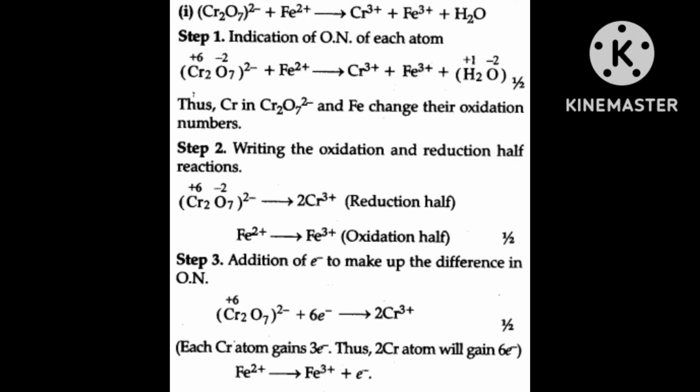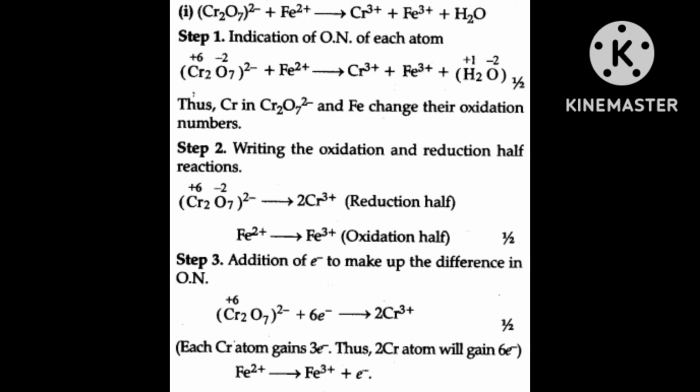Oxidation process you have written, reduction process you have written. Now you have to add. Simply oxidation process and reduction process you have to add. Okay. Then now you have to cancel the electrons. Now you will think how it will be cancelled. In the case of reduction 6 electrons are there, but in the oxidation process only 1 electron, and reduction side 6 electrons.